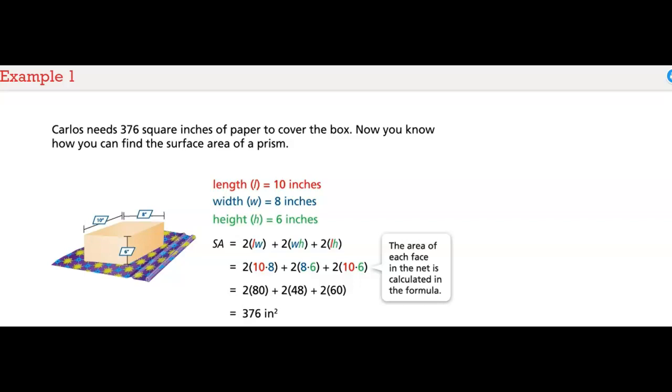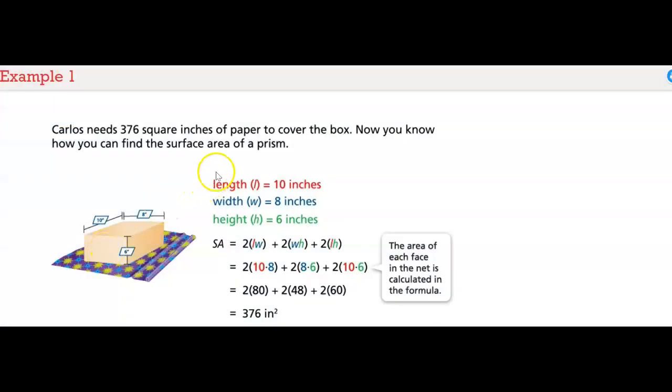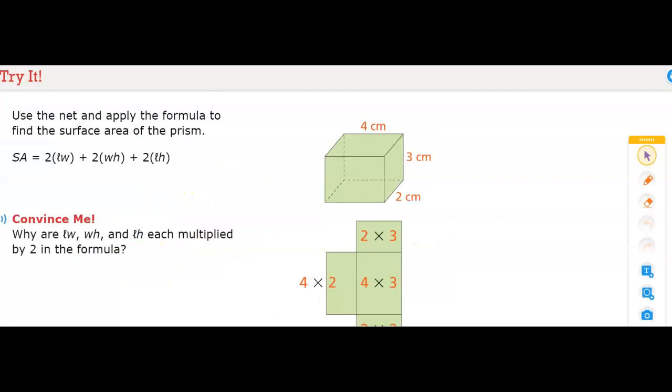Now you know how you can find the surface area of a prism. Use the net and apply the formula to find the surface area of the prism. Surface area equals 2 times the quantity L times W plus 2 times the quantity W times H plus 2 times the quantity L times H.